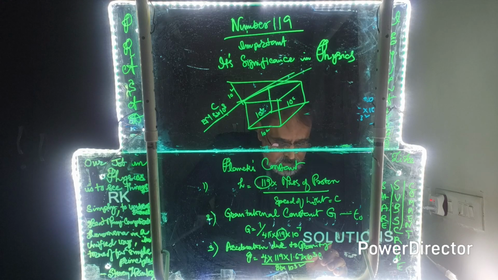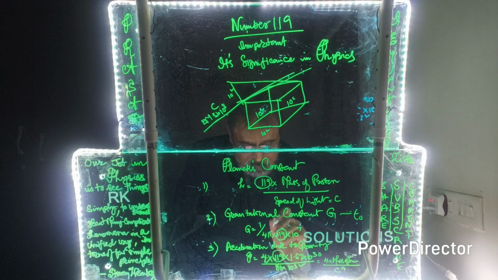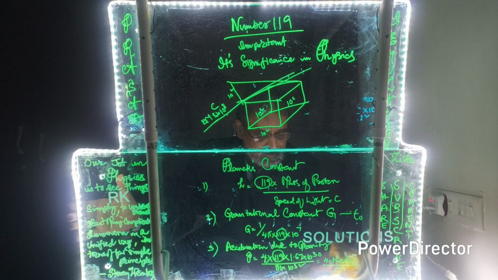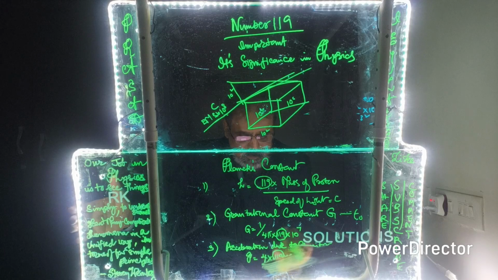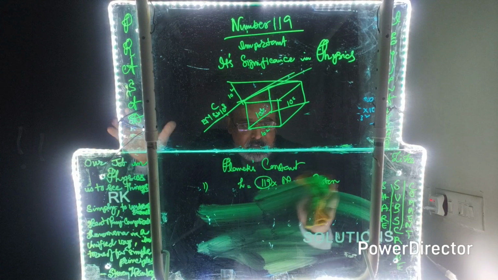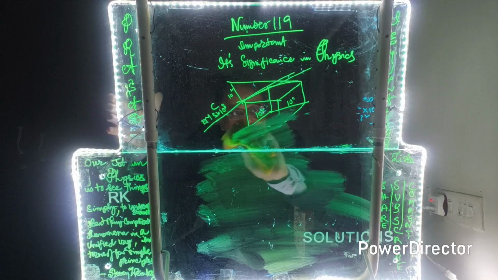That is nothing but 4 times the mass of the sun divided by c raised to 4, where c is the speed of light. This is the third time I came across 119, and that's why I told you I will explain the importance of 119, what exactly 119 is, and why it is so significant in physics.